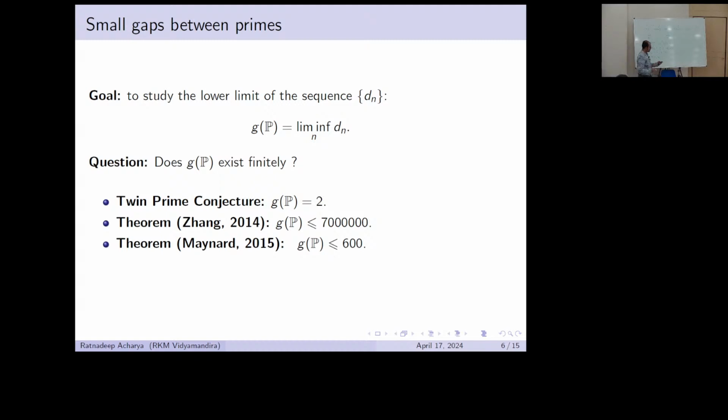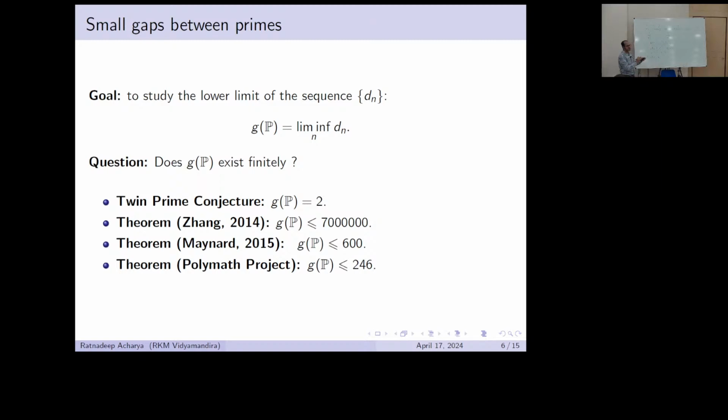Both the results of Zhang and Maynard were based on another work due to Goldston, Pintz and Yıldırım. I'll come to that later. It has been improved in the Polymath project that G of P is bounded by 246. Just forget about these bounds.